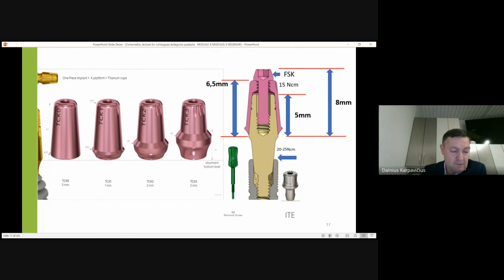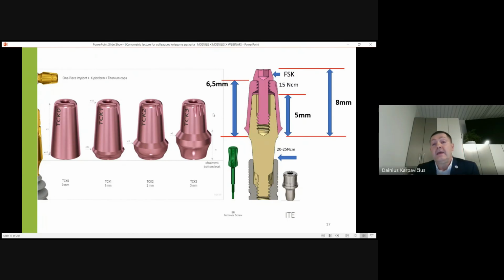I am doing surgery and prosthetics myself, and to understand all these feelings, what you can do in the mouth, all the manipulation and possibilities, as a prosthetic doctor, I can tell you, like a specialist, it is a very, very important part of the conometric crown.